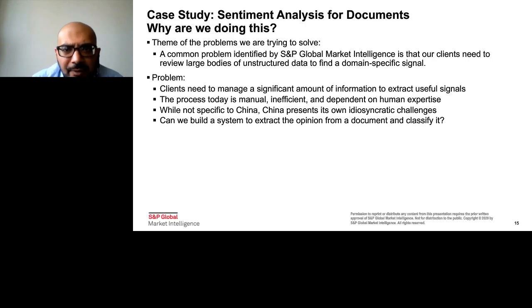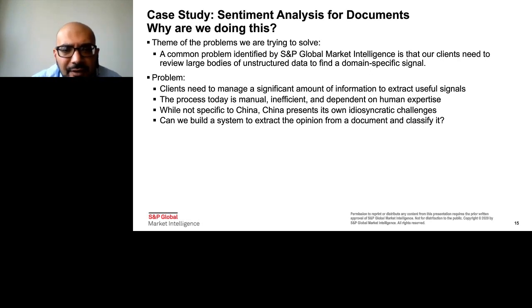So on the next slide, we'll go into basically a case study about a project where we've leveraged sentiment analysis for documents. So what are we doing? At S&P Global Market Intelligence, we've noticed a very large amount of commonalities in our clients' problems, one of them being that they're sitting on large bodies of unstructured data that are typically specific within a particular domain.